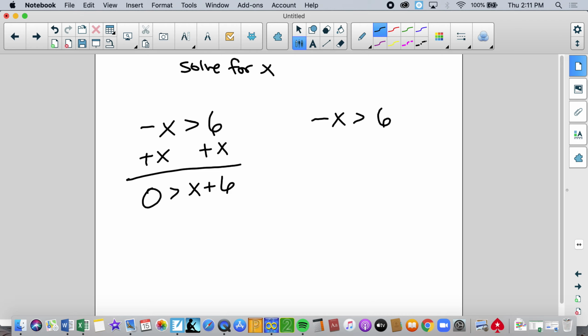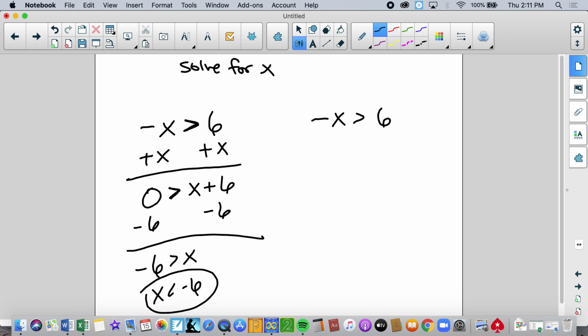It used to be greater than, and now, because the variable is on the right side, it's less than. We subtract 6 and we get negative 6 is less than x, or x is less than negative 6. So notice my solutions are less than negative 6.